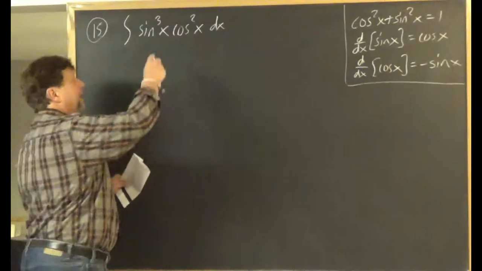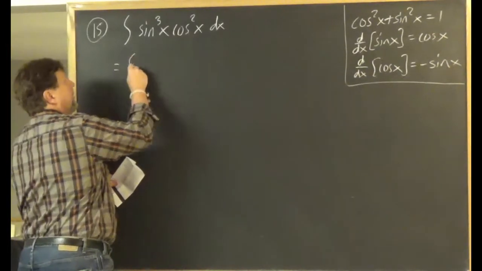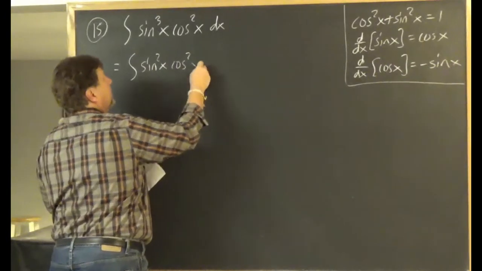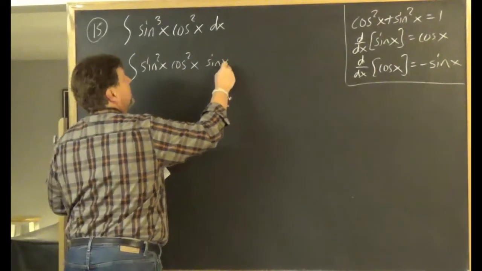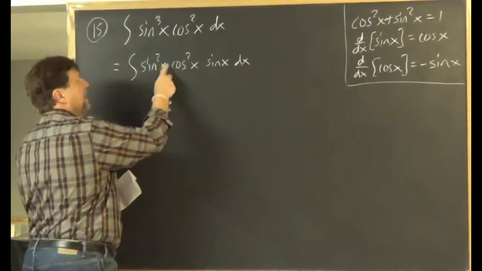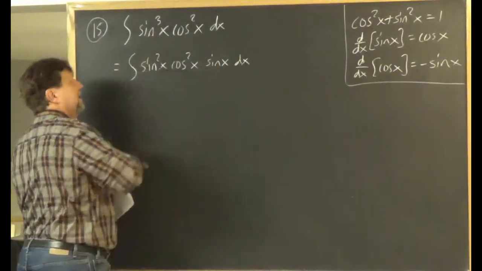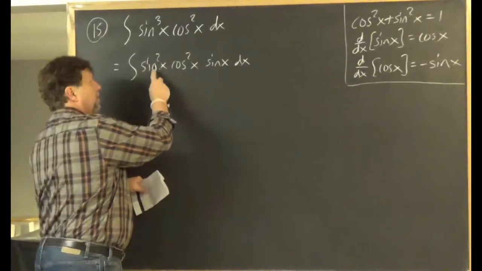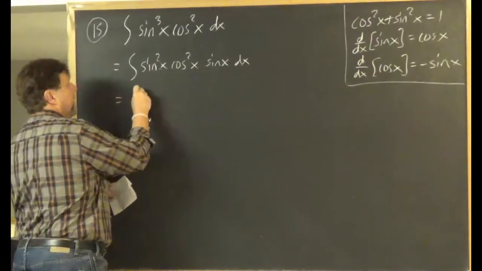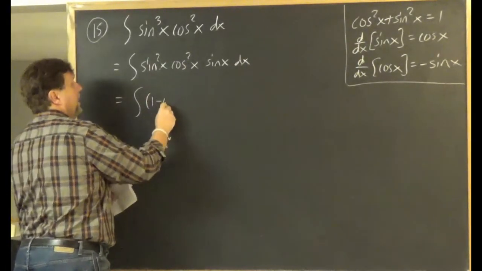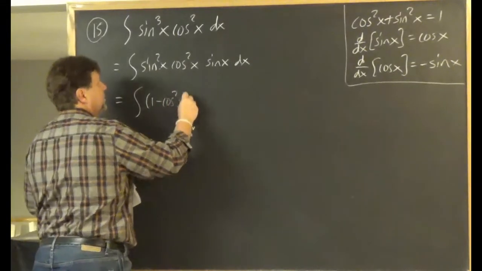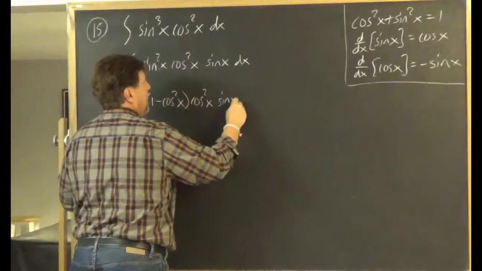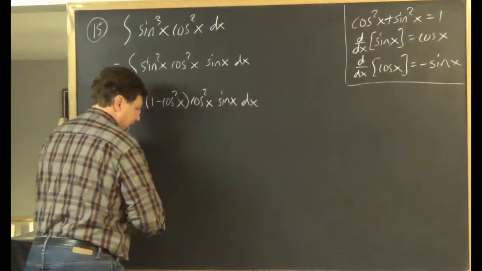So I rewrite the sine cubed as sine squared x times sine x, that's sine cubed. And then if I make use of the Pythagorean identity to rewrite the sine squared as 1 minus cosine squared, a basic u sub will now take care of the problem.